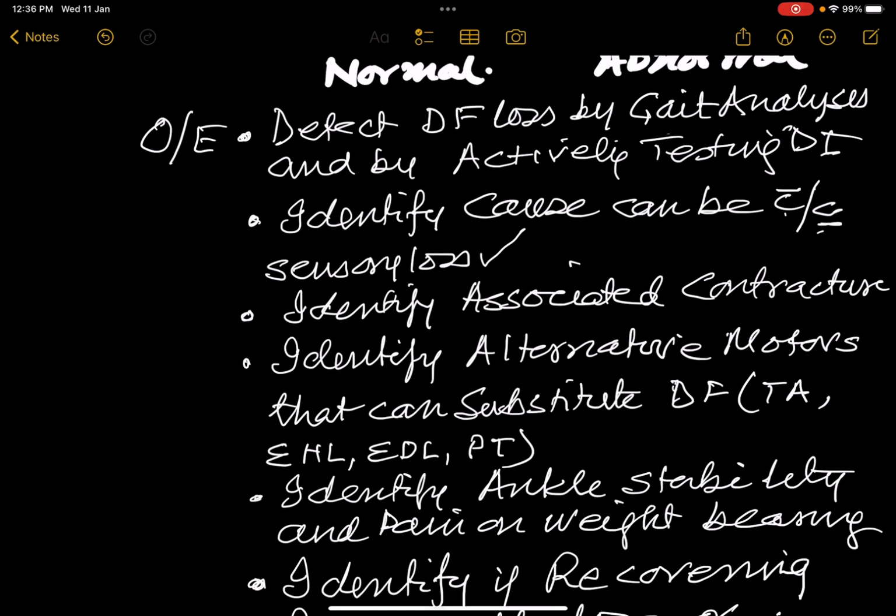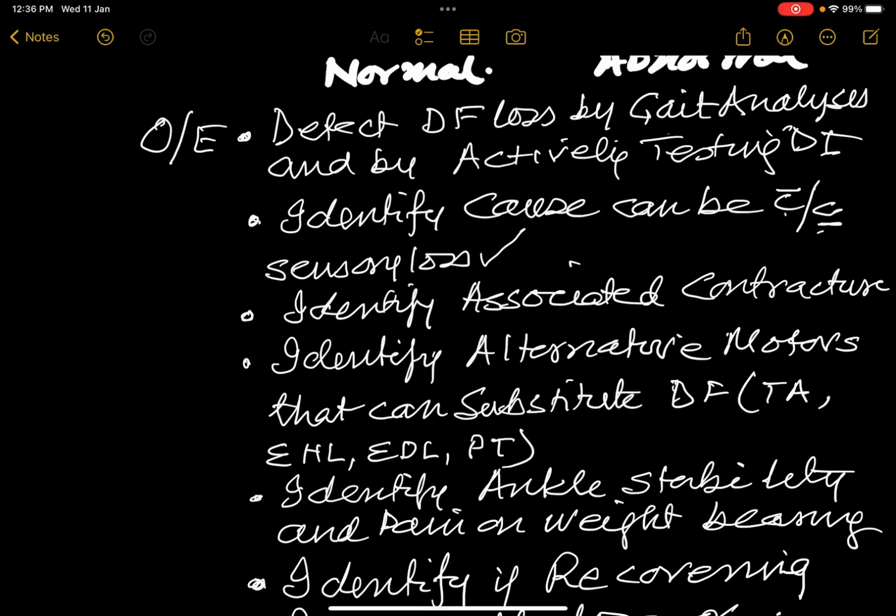You should identify associated contracture and try to correct it before you start to restore active dorsiflexion. You should identify the alternative motors that can be substituted for dorsiflexion.